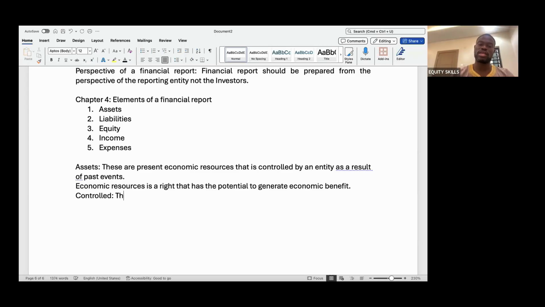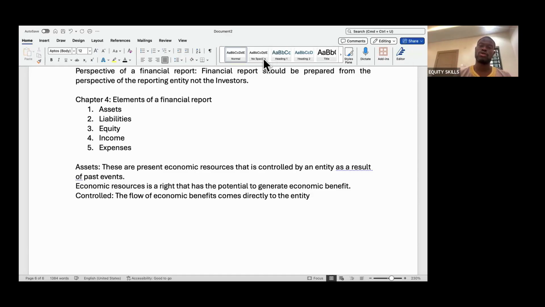And control means that the flow of the economic benefits comes directly to the entity.